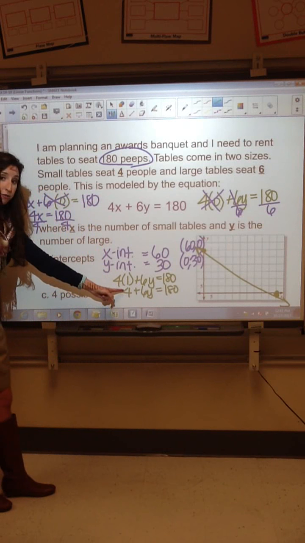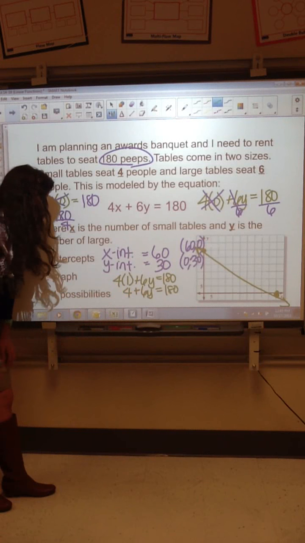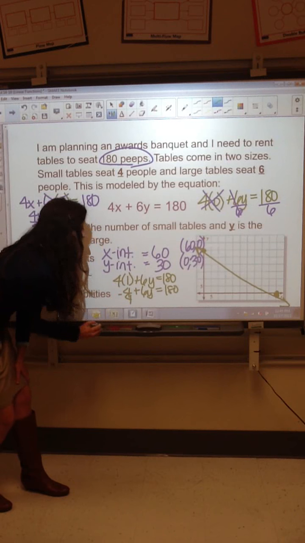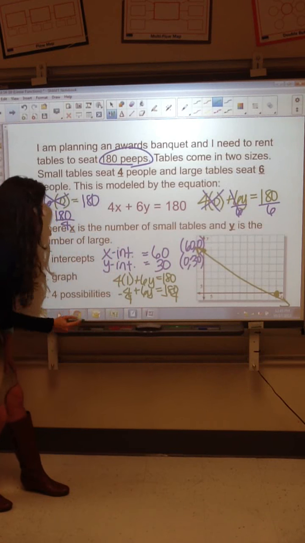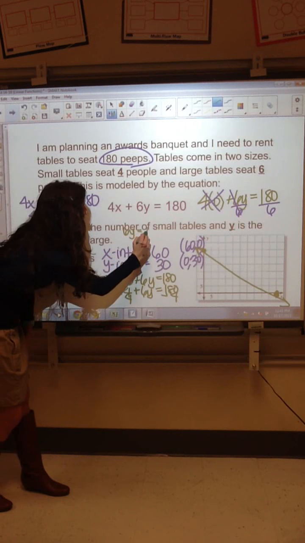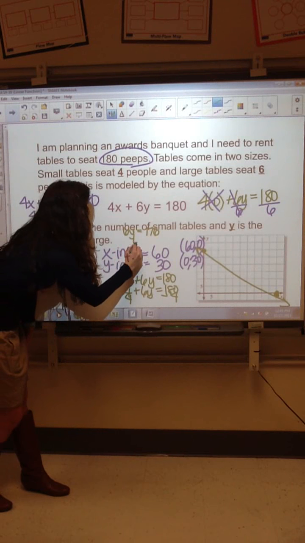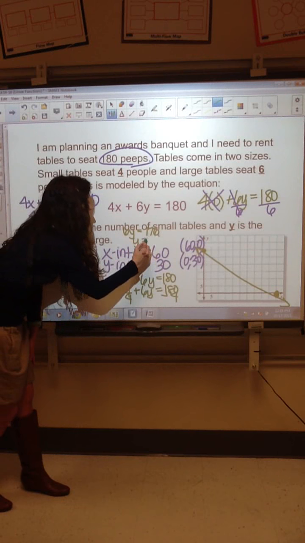Can I get my 4 to the other side? Yes, because I want y by itself. So what's the opposite of 4? Minus 4. And whatever I do to the left, I do to the right. So then I'm left with 6y equals 176. You may use your calculator, and you will calculate y. You can figure it out.